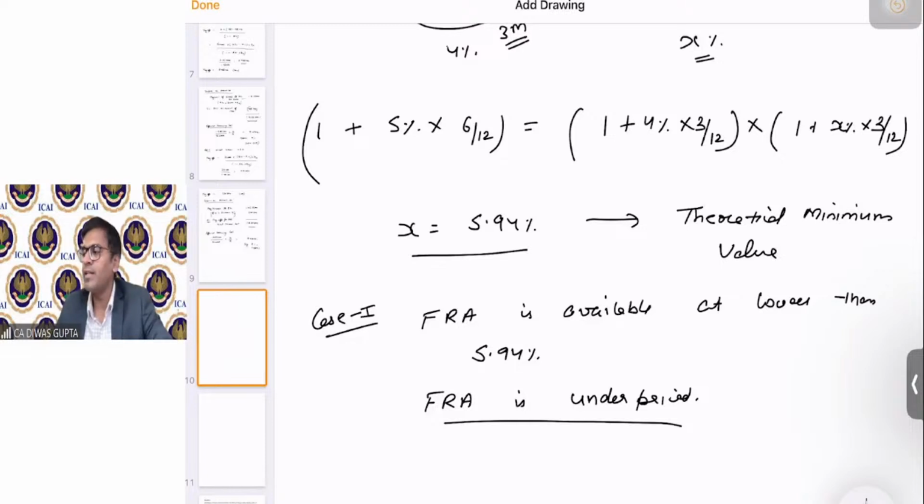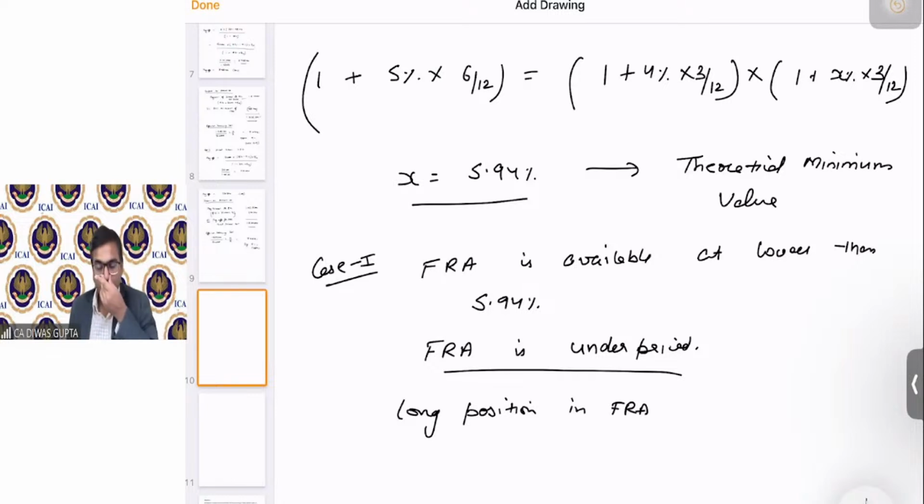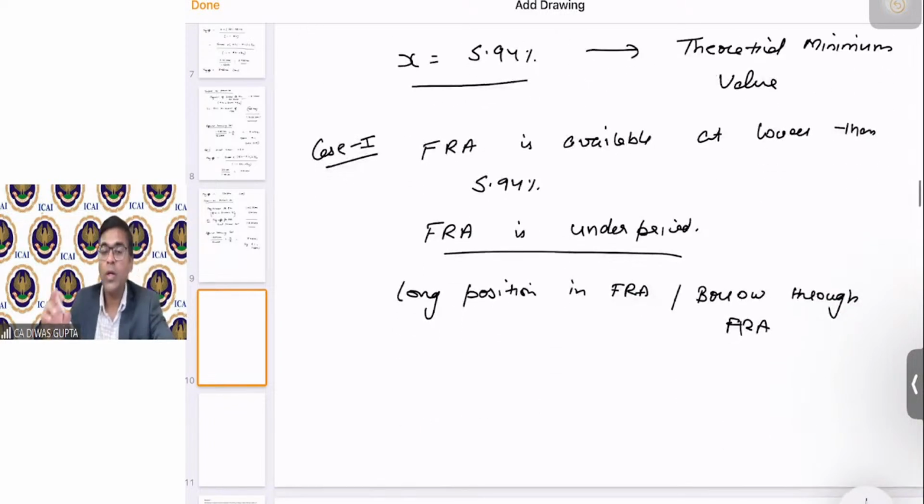Can we say that FRA is underpriced? Yes. What do we need to do in case something is underpriced? Students, if something is underpriced, we can take a long position in FRA, or borrow through FRA. In my previous part, I told you that a long position will be assumed for the person who is trying to borrow through FRA, right?